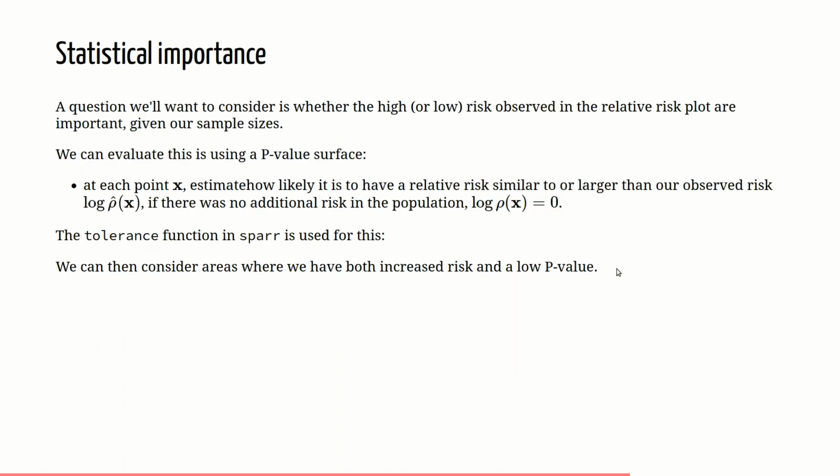What's the chance of having a log relative risk of about 1 or worse, if in the population at that location, the relative risk was in fact 0? So what's the chance of observing a value as large as 1 in a sample, just by sample to sample variation, if there was actually nothing going on, right? And so we get that p-value estimated at every point. The tolerance function in SPA is used for that, and it can either be done using asymptotics or using Monte Carlo simulation.